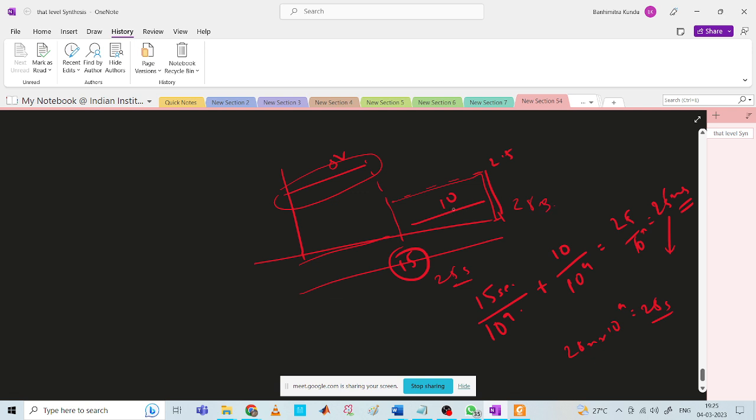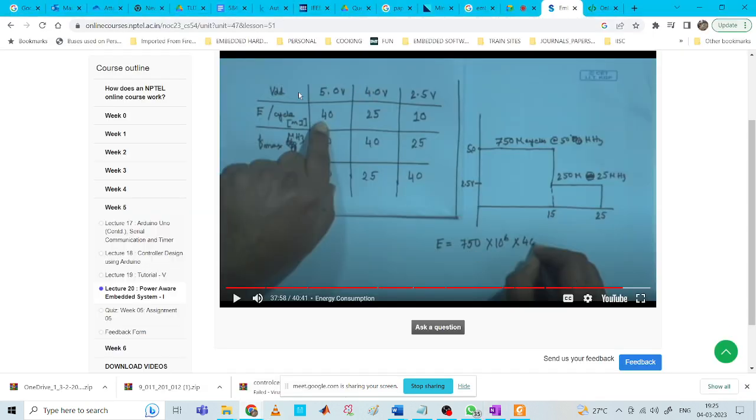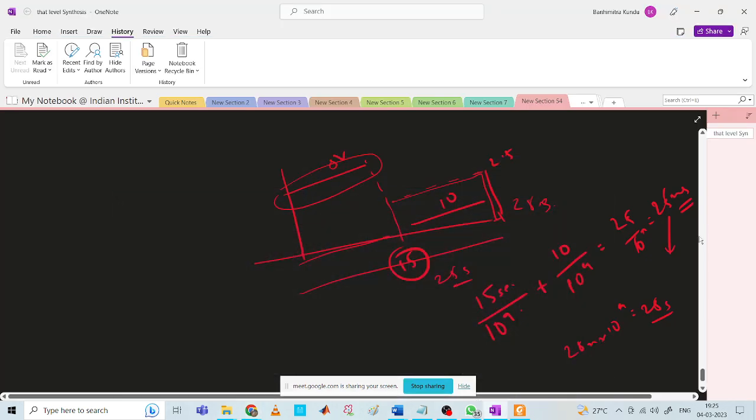So that way, if we calculate the energy, if you see the energy table that sir has, 40, 25 and 10, right? So 5, 4, 2.5, 40, 25 and 10. Okay, so per nanosecond, this is joules per nanosecond or all those things. Okay? So you need how much time?